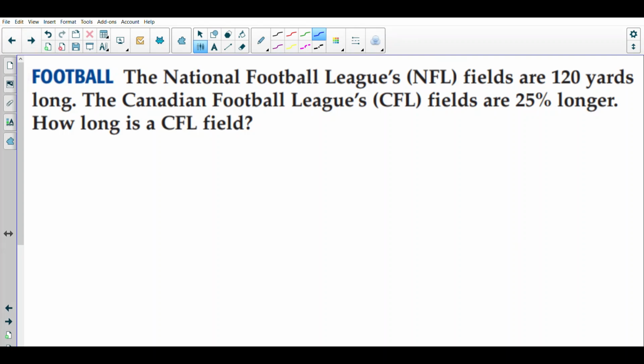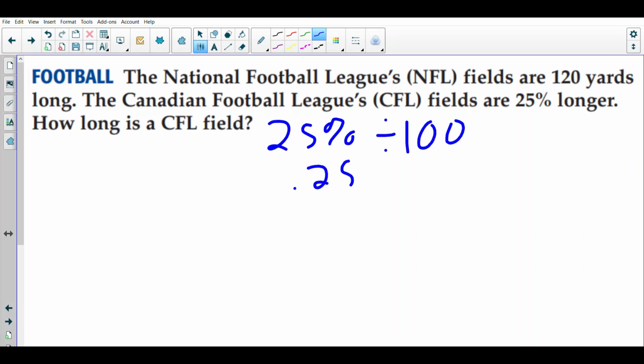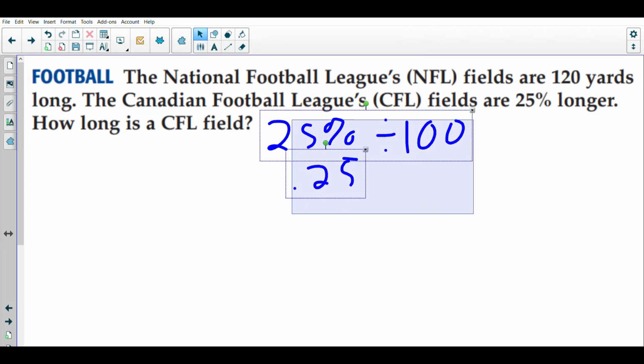Now, the National Football League's fields are 120 yards long. The Canadian Football League's are 25% longer. How long is the CFL field? Longer means it's an increase. So we take 25 percent and divide by 100. That gives us 0.25. Take that number and multiply it by the original amount.